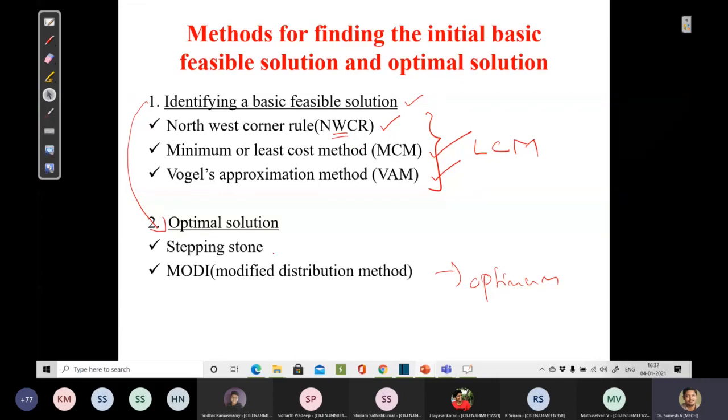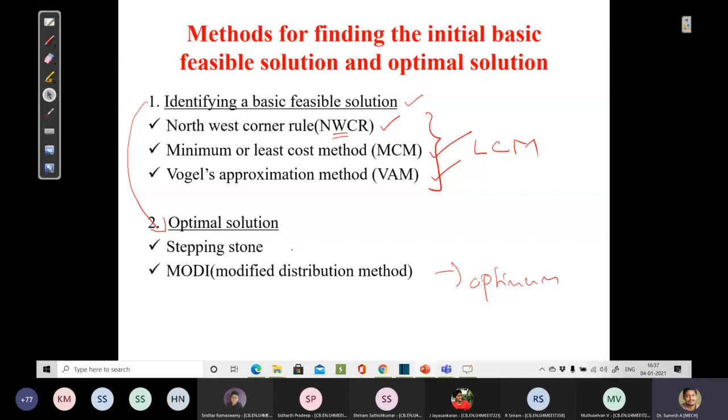Again, for the optimal solution, there are two techniques you can apply. One is called the stepping stone method and the next one is called the modified distribution method, in short the MODI method. Both are similar processes.